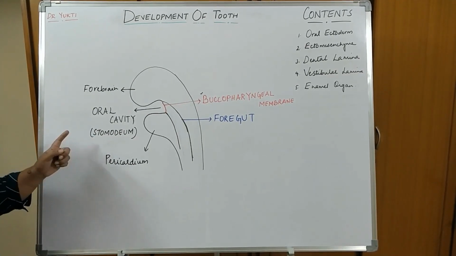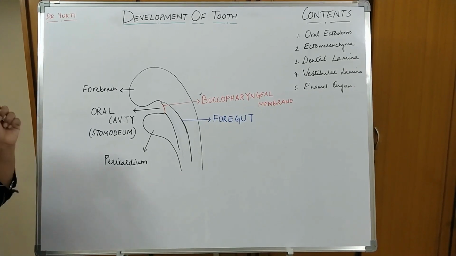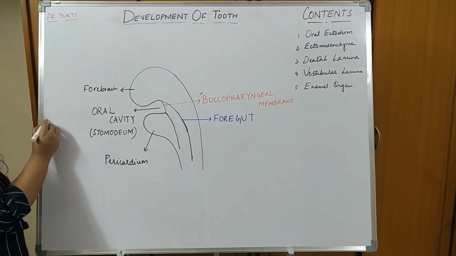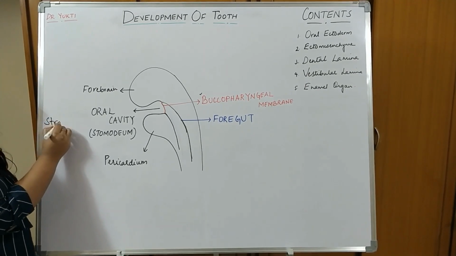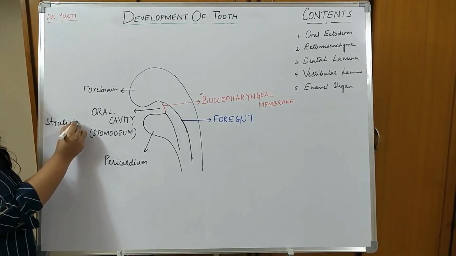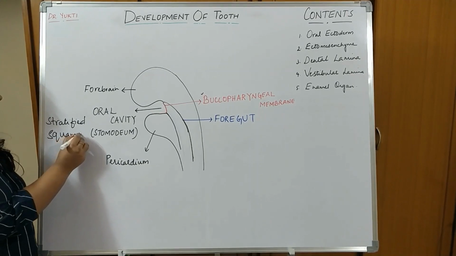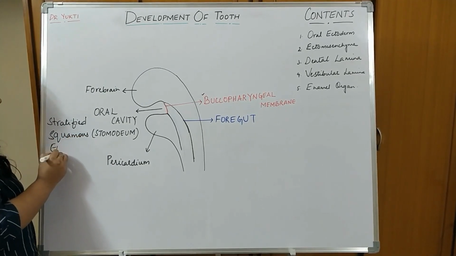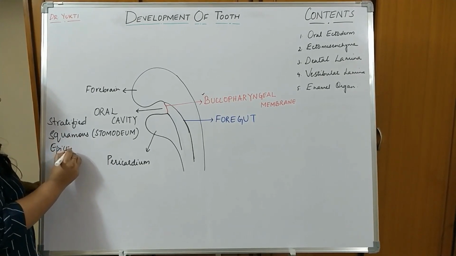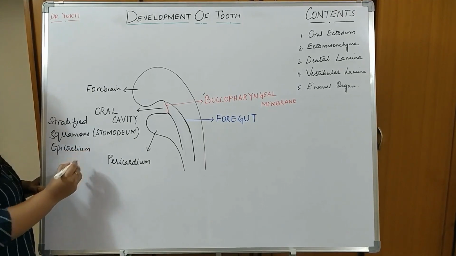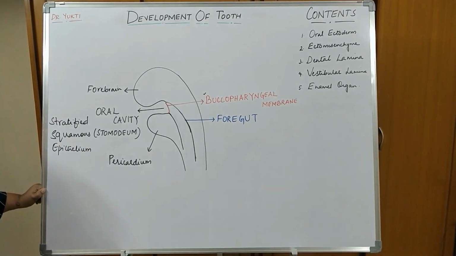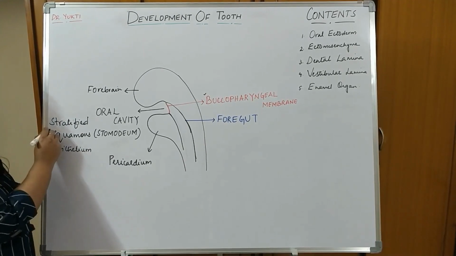This stomodium, as we have seen, is lined by an epithelium, which is a stratified squamous epithelium. So this stratified squamous epithelium, which lines the oral cavity, is nothing but the oral ectoderm.